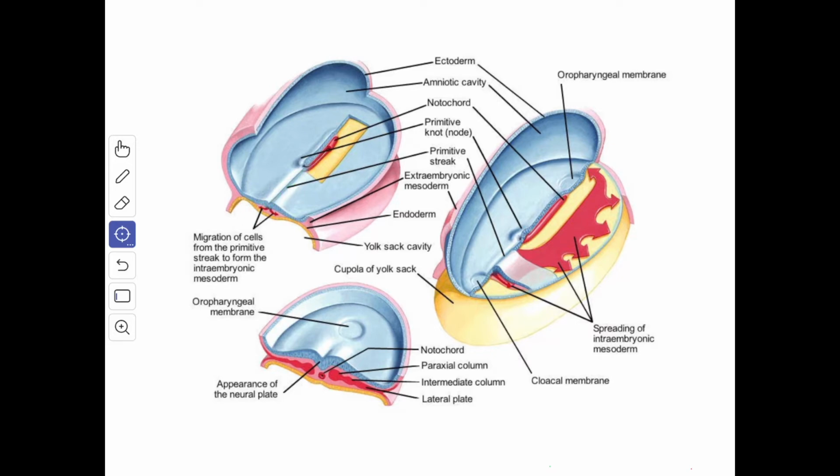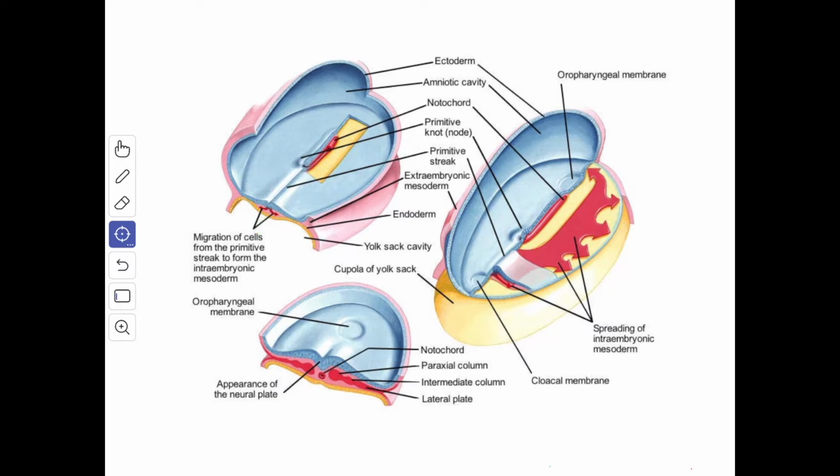From the primitive streak area, the cells invaginate between the epiblast and hypoblast. Some of the ingressing epiblast cells invade the hypoblast and displace the cells of the primary endoderm to form a new layer called the definitive endoderm.